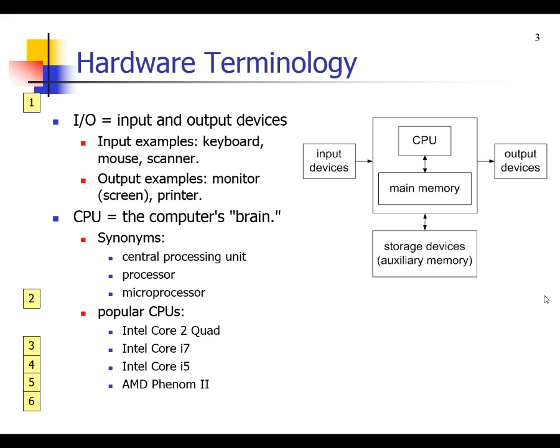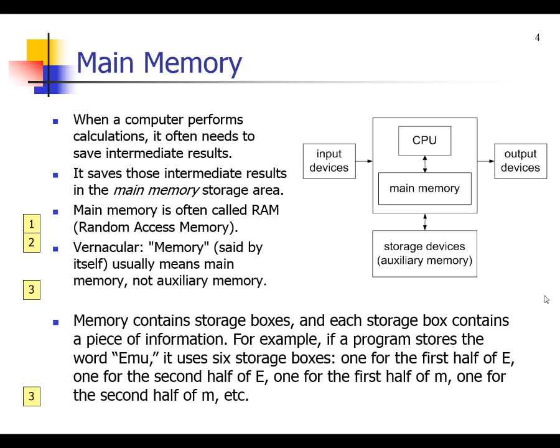CPUs are the computer's brain. In other words, it does all the computations for it. The terms are central processing unit, processor, microprocessor, things of that nature. You have two major brands, AMD and Intel, that are your major competitors for your CPUs. Basically, all it does is provide mathematical computation and stores that data into memory.